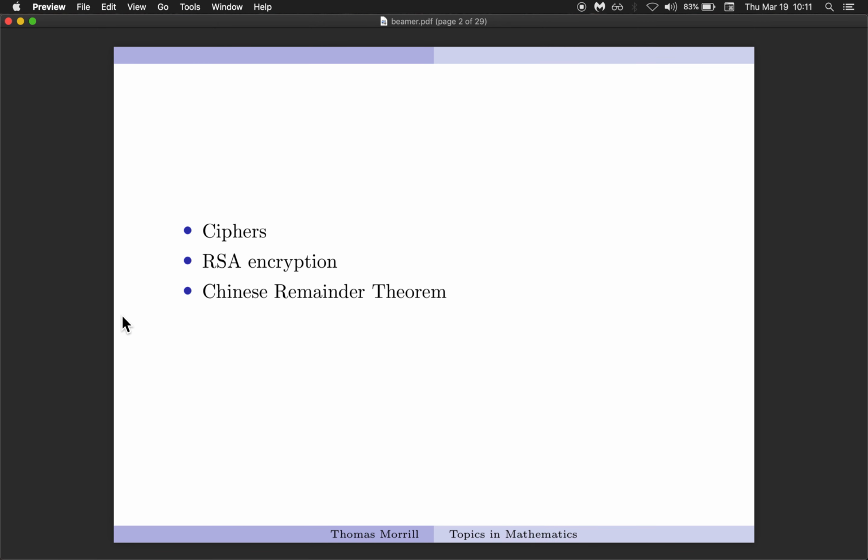So the basic layout of this lecture is I'll be talking about some additional ciphering systems and then get to the RSA encryption in particular. And I'll close the lecture talking about the Chinese remainder theorem and show some problems that we can solve using it.